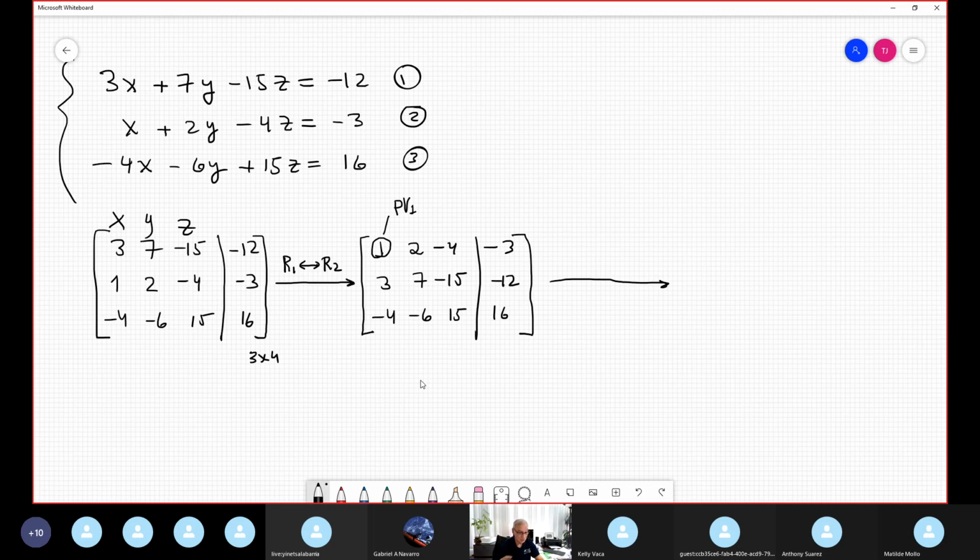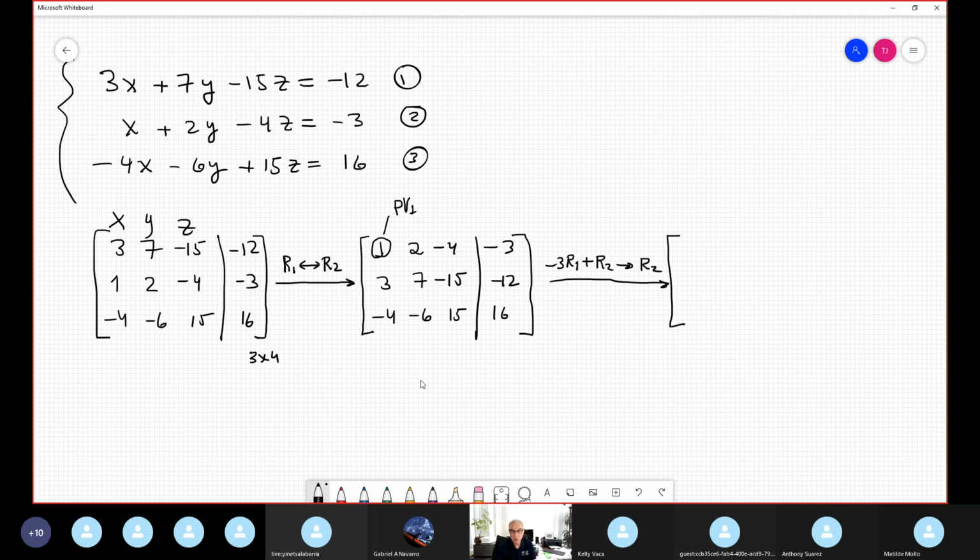So what is the idea? The idea is easy. You take a row operation on row number 3, which is multiplied by a constant. How do you know what is the constant? It's the same value, 3, but opposite sign. It's negative 3. So you multiply negative 3 times row 1. Why row 1? Because it's the row that contains the pivot. Plus row 2, and store this information in row 2.